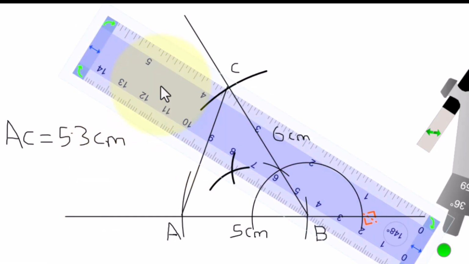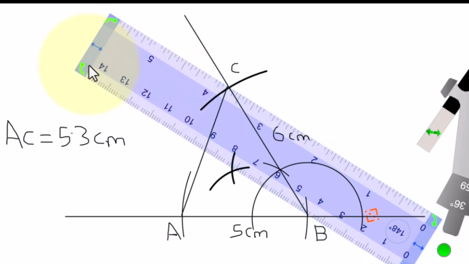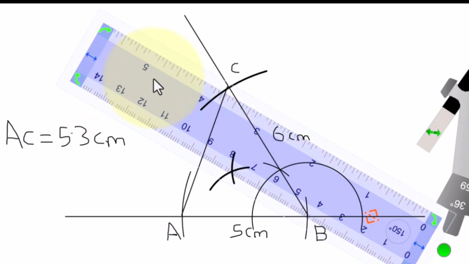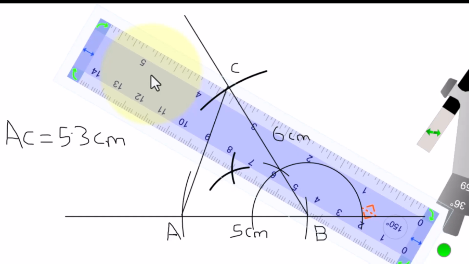All right. Let's see. See how I'm doing mine carefully. You must make sure the 2 points touch each other. You must make sure the ruler touches this point and this point before you take your pencil and draw.